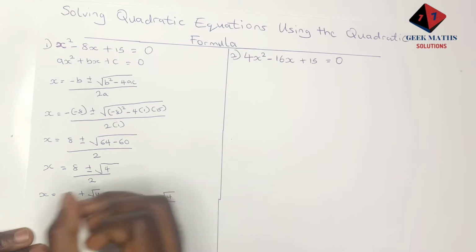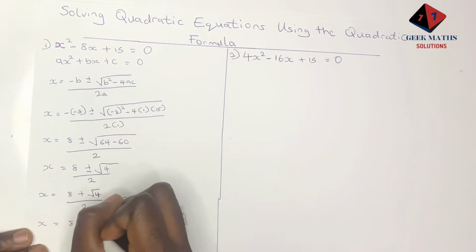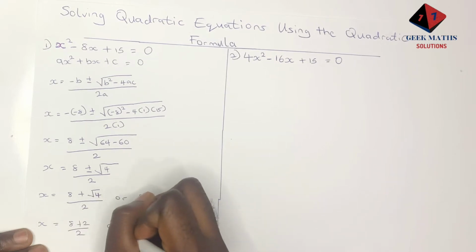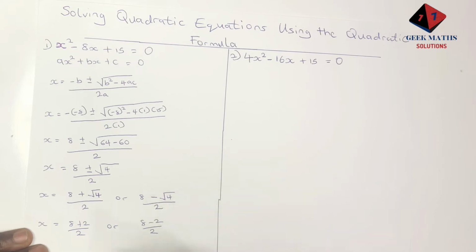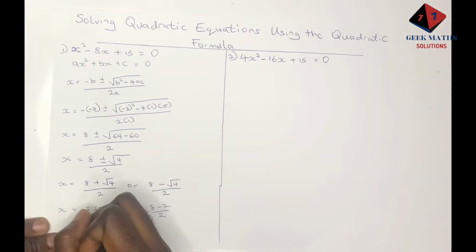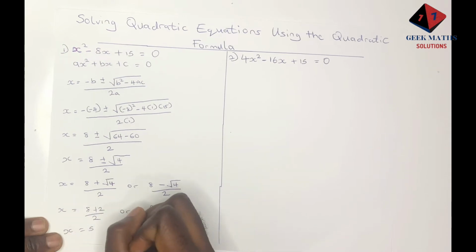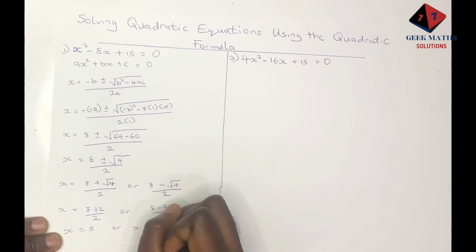And the square root of 4 is 2, so x is equal to 8 plus 2 over 2, or 8 minus 2 over 2. 8 plus 2 is 10, 10 divided by 2 is 5, so x is equal to 5, or 8 minus 2 is 6, and 6 divided by 2 is 3, or x is equal to 3.